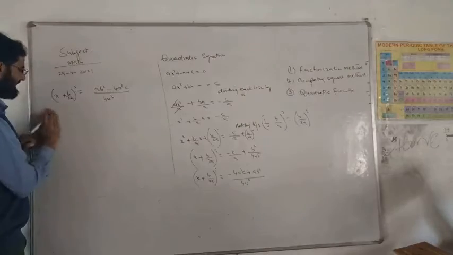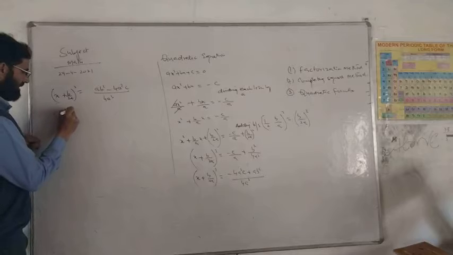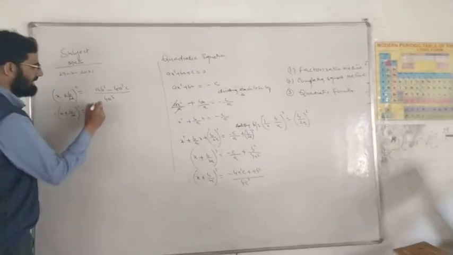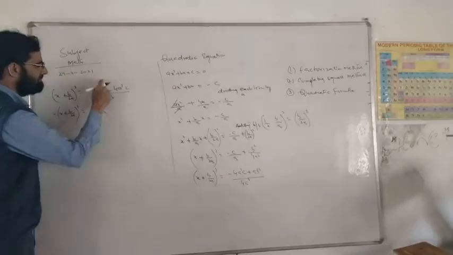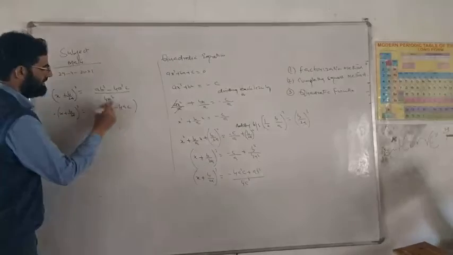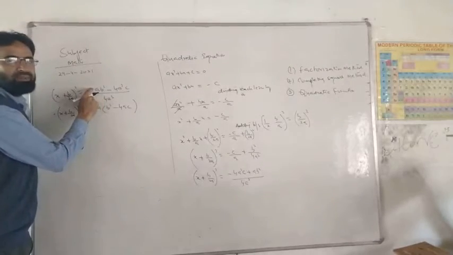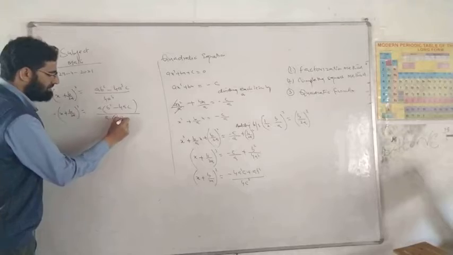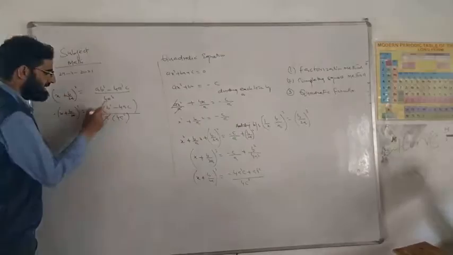Proceeding further, x plus b by 2a whole square is equivalent to, taking a common, this is b square minus 4ac. We are taking a common from the numerator and also from the denominator. We are left with 4a square. A and a will get cancelled.